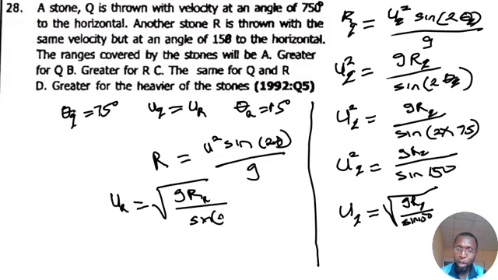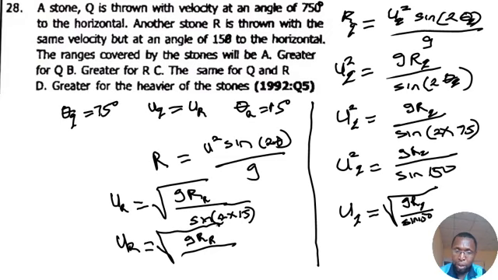So u R will be the square root of g R R over sine 2 times 15, which is 30, sine 30.